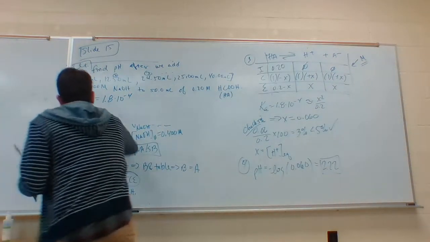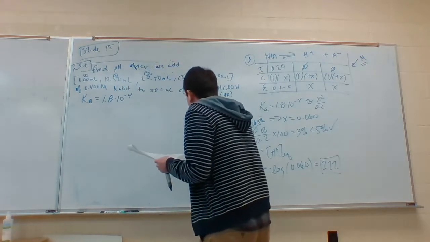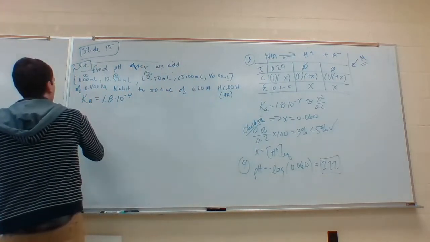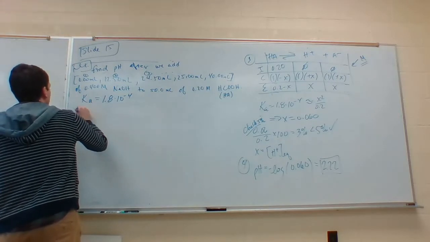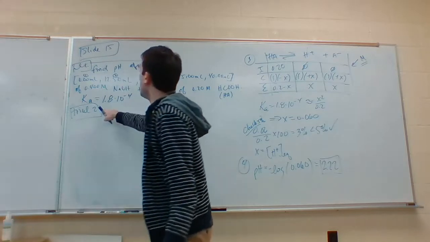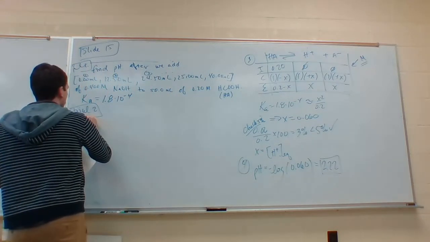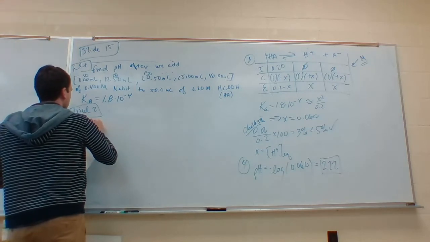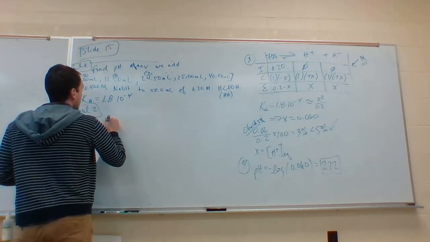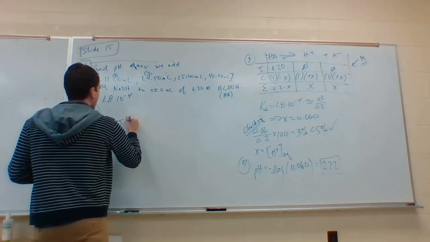All right, the next step will be when we add a little bit of our base. So in trial 2, we've now added 12.50 milliliters. So the volume of sodium hydroxide is equal to 0.0125 liters.